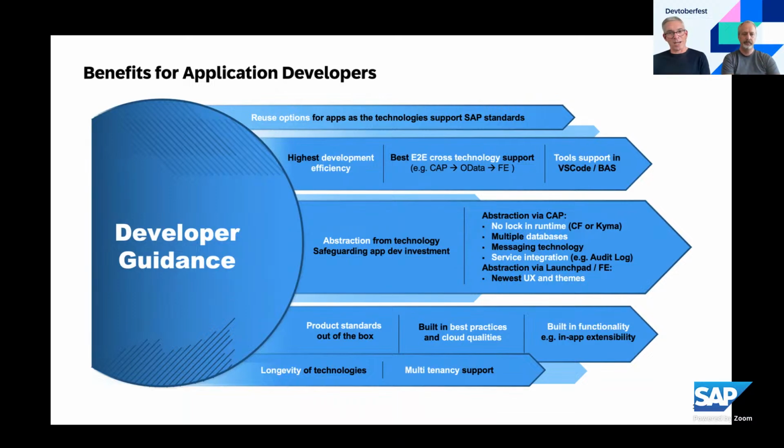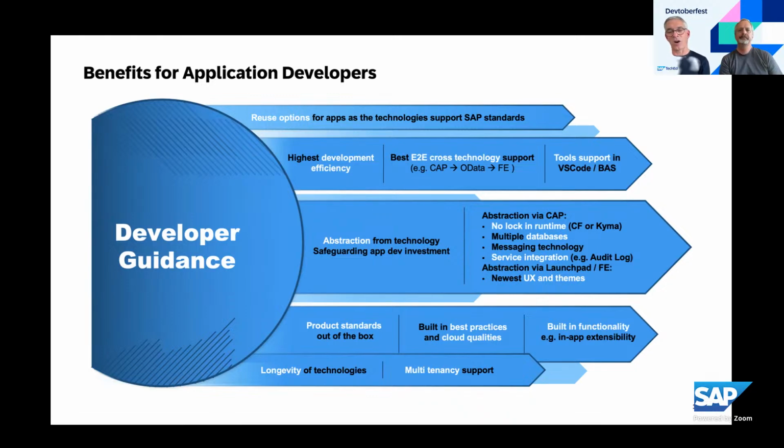So when you do CAP, you get a lot of abstraction from underlying layers, for example, the database that you use. And so you can obviously safeguard your development. If you wanted to choose another database, you wouldn't have to actually change your CAP program and your modeling. This is also important, that SAP are doubling down on these technologies that we've just seen in the slide before.